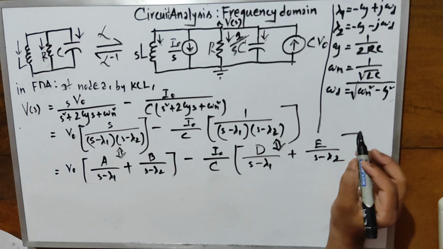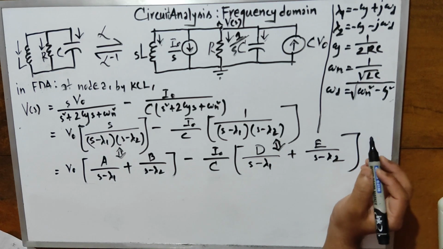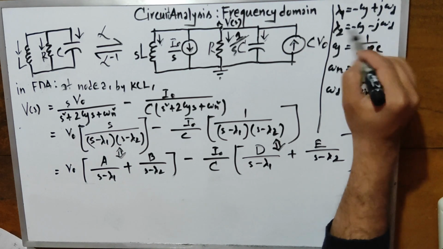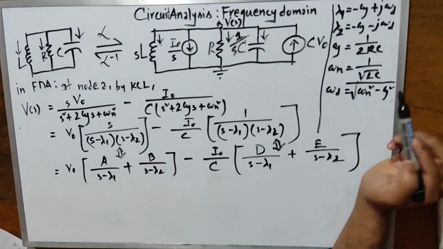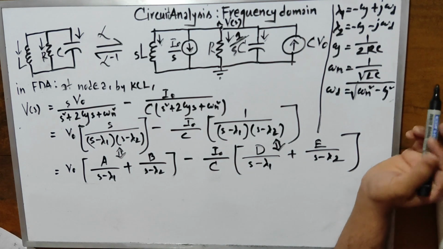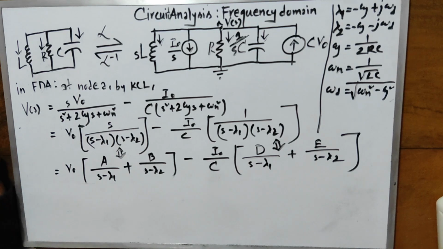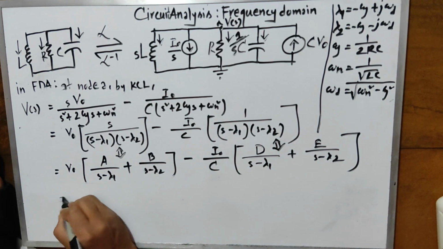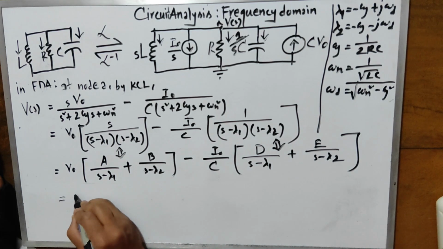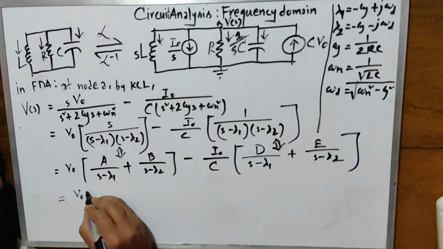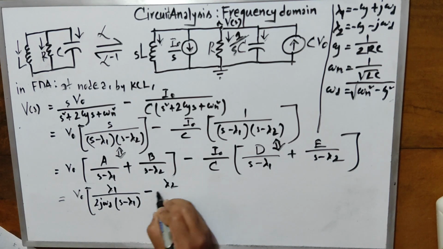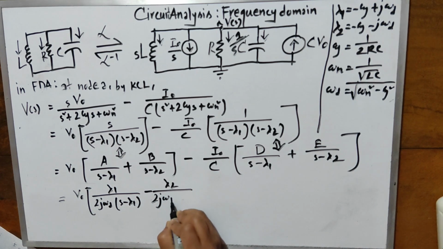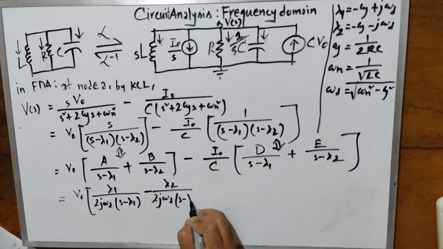If you remember, from here lambda 1 minus lambda 2 is 2 j omega d. So I'm going to use that fact here. So here V O is minus lambda 2 by lambda 1 minus lambda 2, which is 2 j omega d, so 2 j omega d s minus lambda 2.